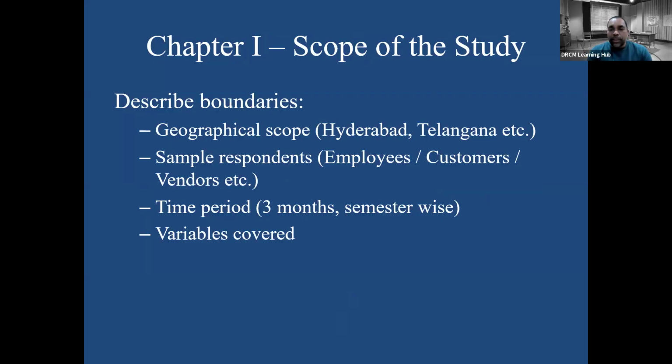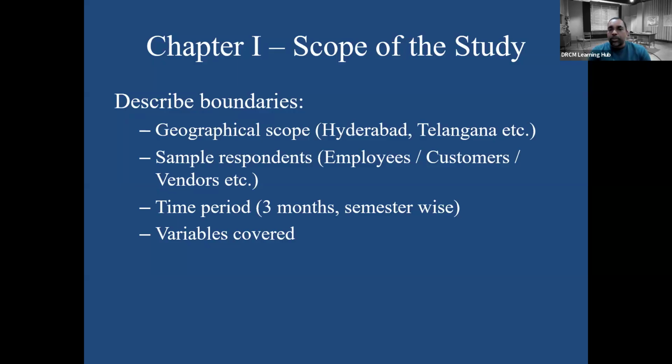If you are only taking Hyderabad people, you can write that my study is confined to Hyderabad. This is scope. Other than Telangana participants, you are not taking. Other than Hyderabad participants, you are not. Suppose you are taking only Karimnagar district, then you can write my study is confined to Karimnagar district or to Gatkesar Mandal. Like that, you need to write one point.